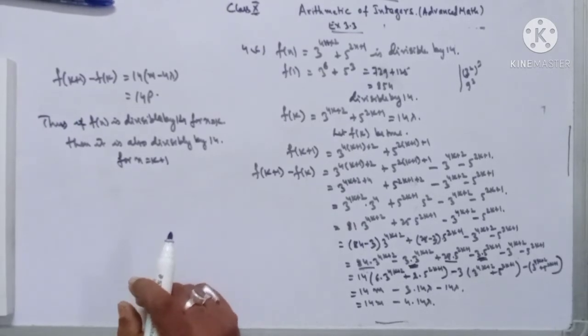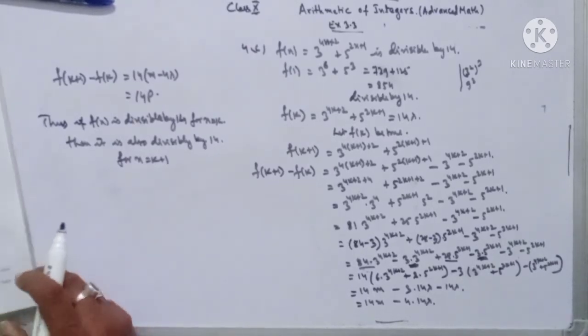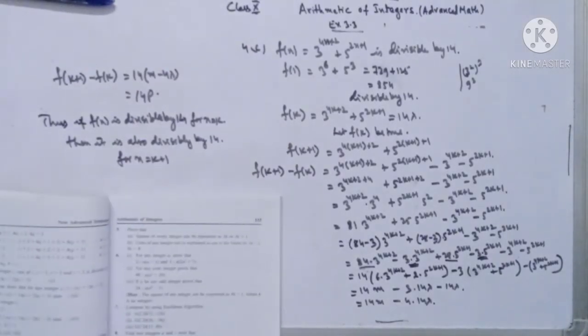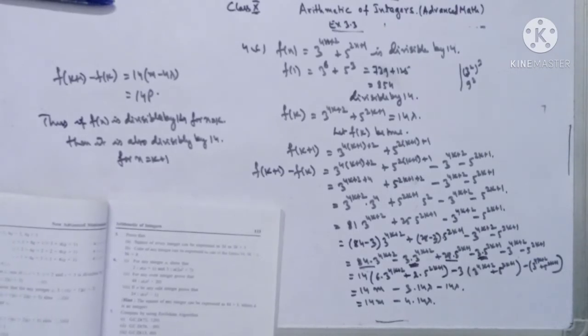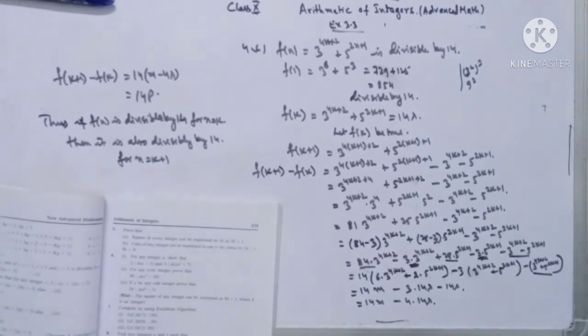So up to question number 4, I have proved it and done it for you. Here this part is common, and for this and this, minus 3 is common.